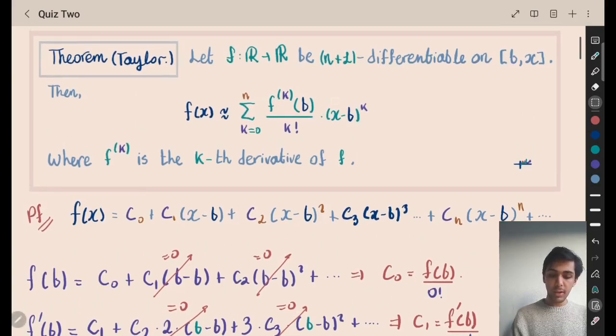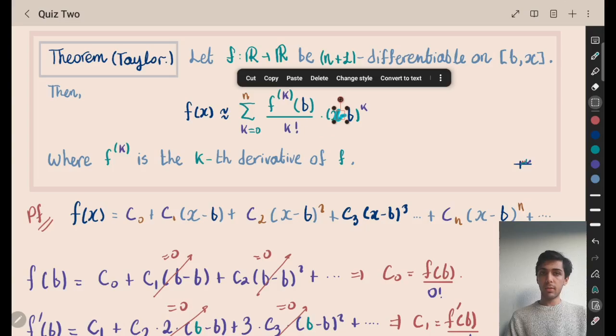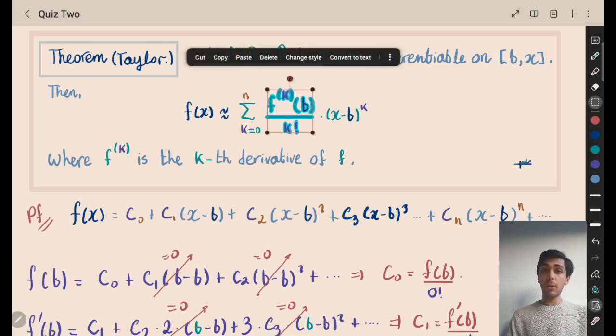Well, yes, because we assumed that we can describe this f in terms of some polynomial that's centered at b, and we have found the coefficients to be exactly as supplied in the theorem.